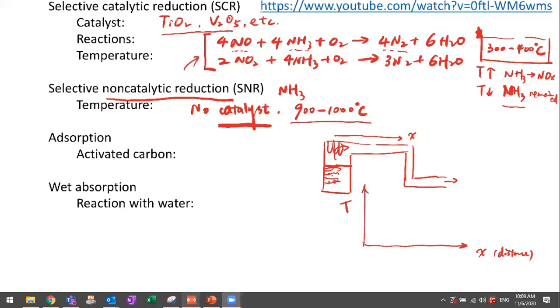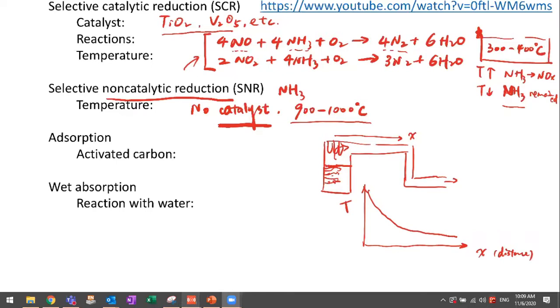Then we can plot out the temperature as a function of distance, and that's going to decrease exponentially. Okay, I think we can make it look a little bit better. It's going to look like this.